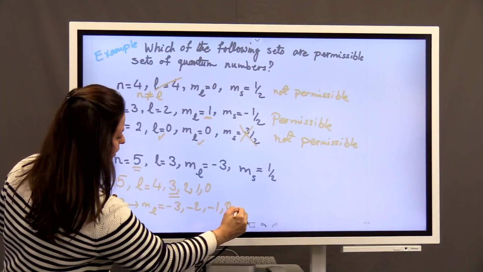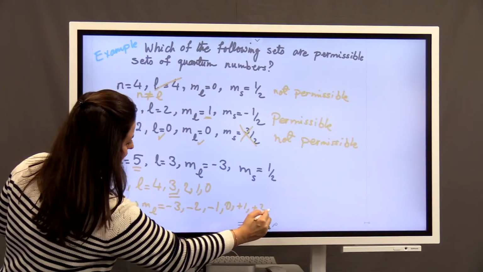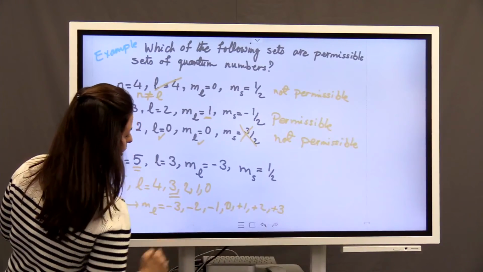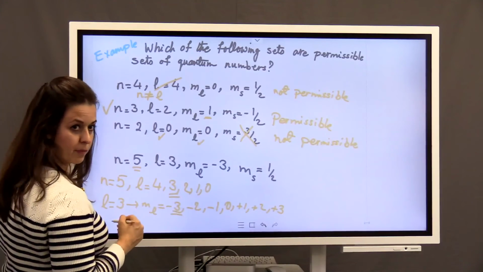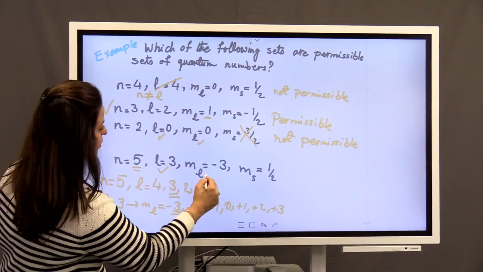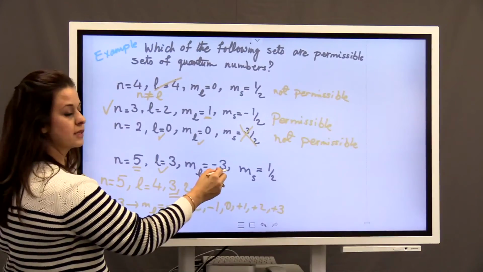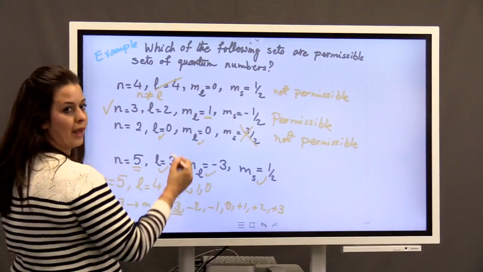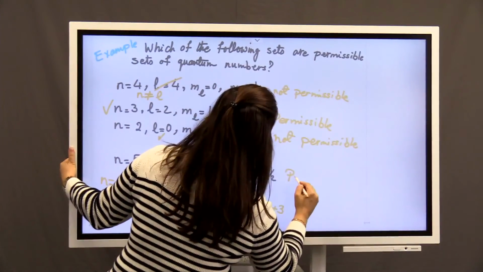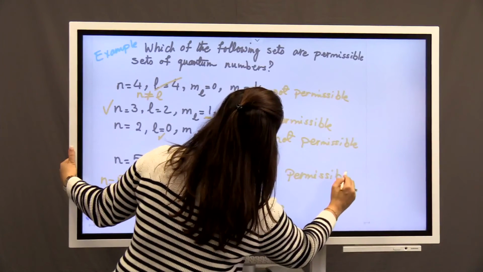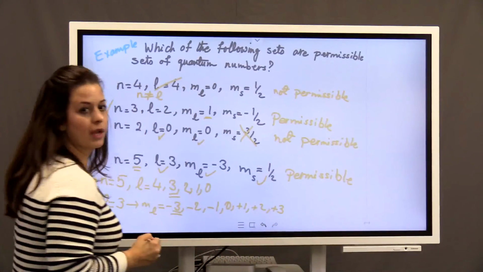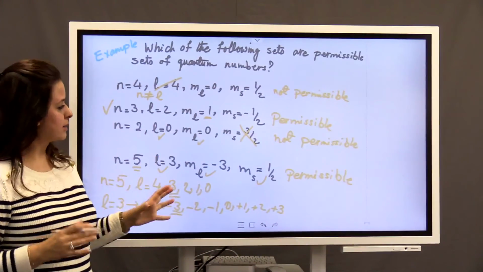You keep going until you have the same number. This ML of negative 3 is one of them. Yes, all of them are correct, and MS can be either positive or negative half. So this is another permissible answer.